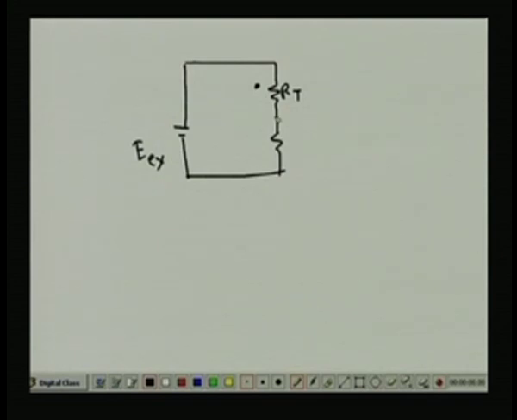Actually, our circuit we got is like this one, is it not? The thermistor RT we have connected here. This is the excitation Ex, and I am connecting this output voltage. This is R1, right? Instead, what will happen if I make the circuit like this one?